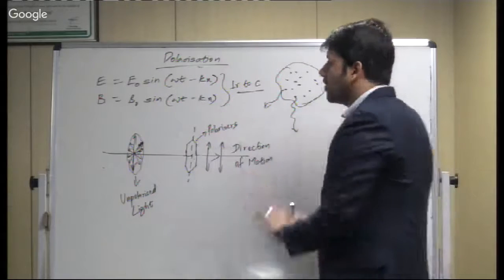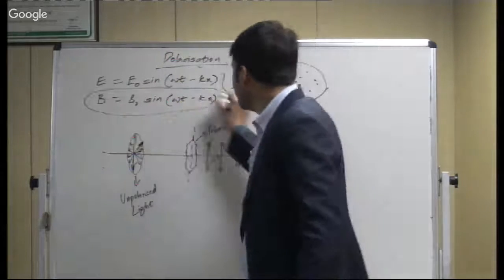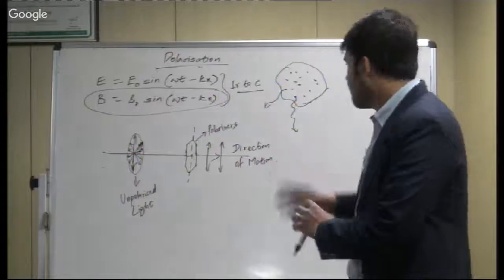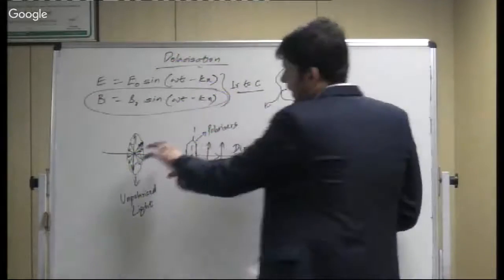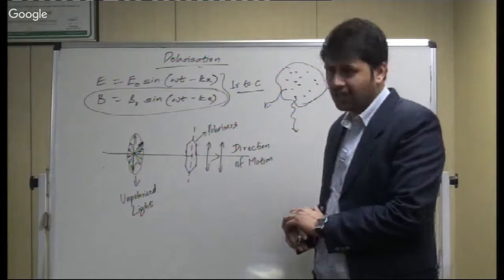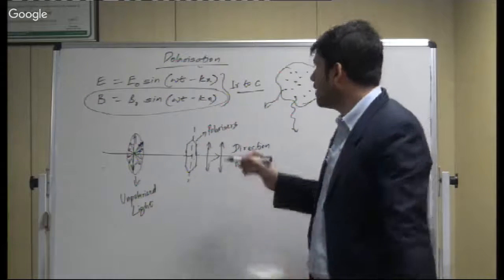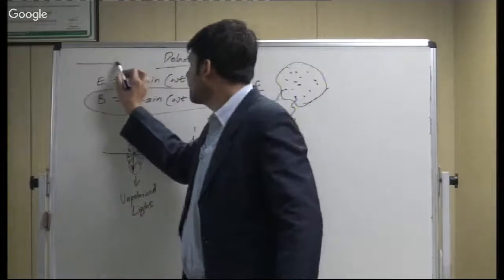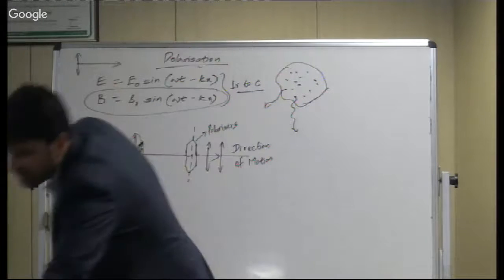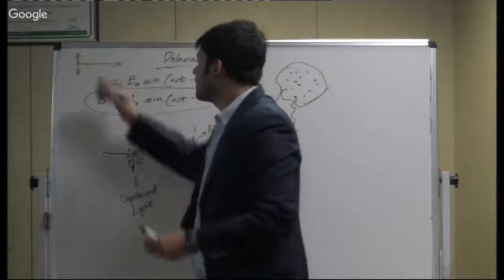We have kept the magnetic field out of our discussion because it makes things more complex. We would be focusing on the electric field only, because the same kind of thing happens with the magnetic field as well. But in the real world, if this is the direction of the electric field, the magnetic field would be something like this, perpendicular.